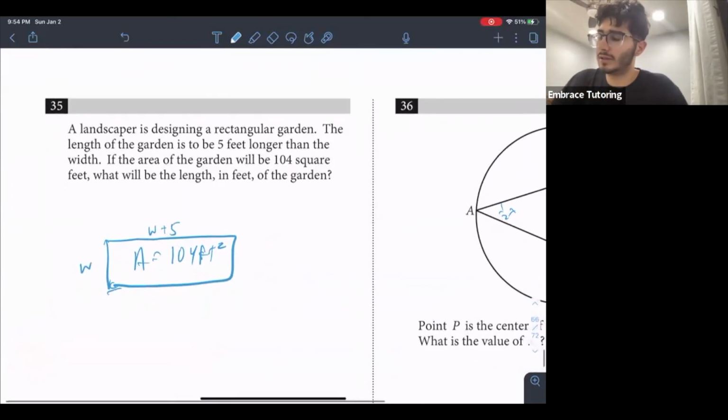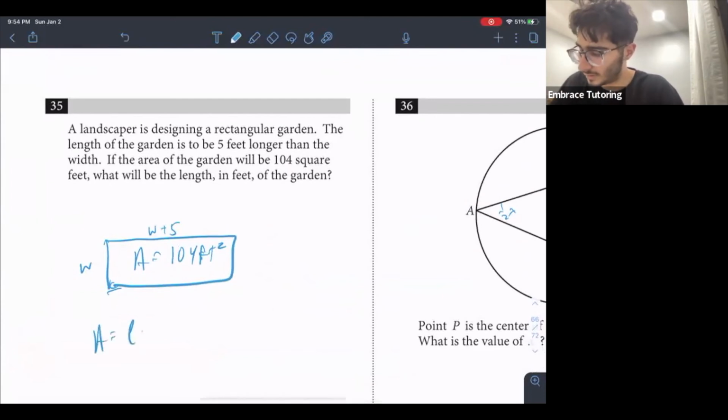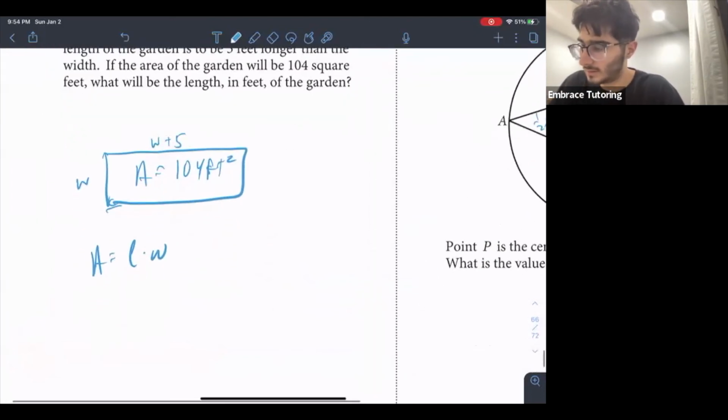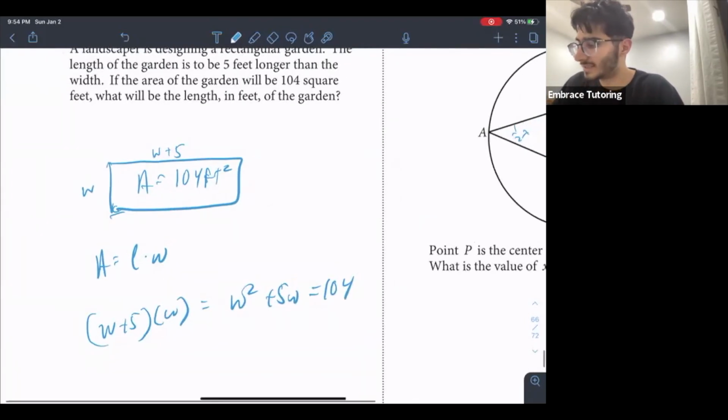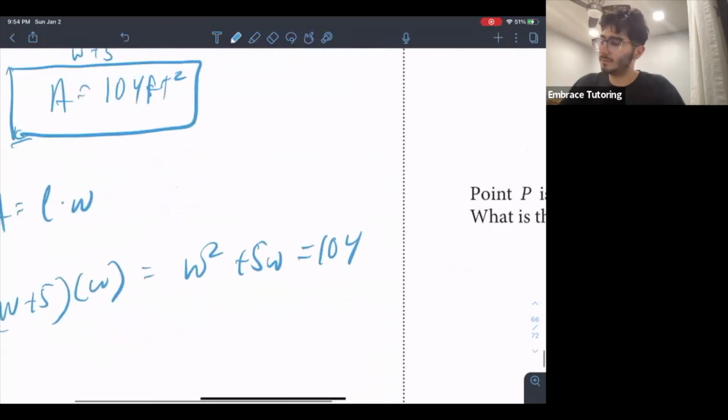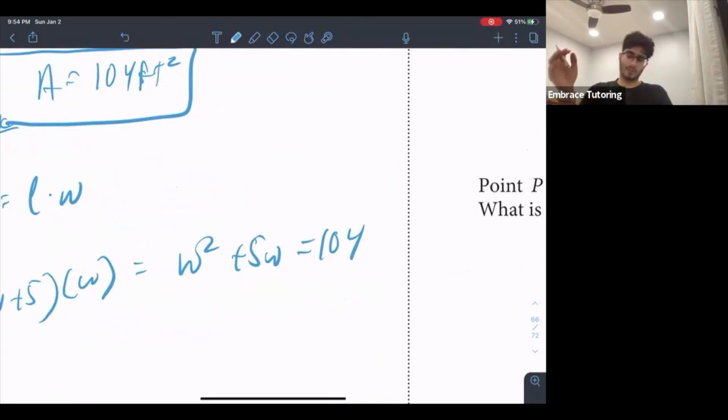The area is length times width, so W plus 5 times W gives W squared plus 5W is equal to 104. They're asking for the length of the garden. First we can find the width, and then substitute the W into W plus 5 to get the length.